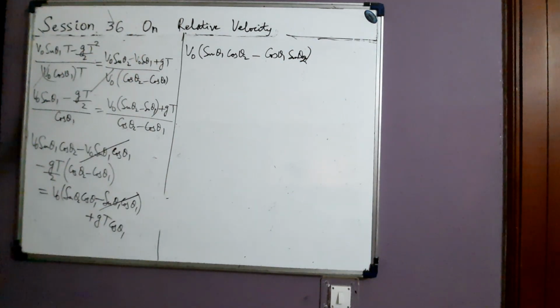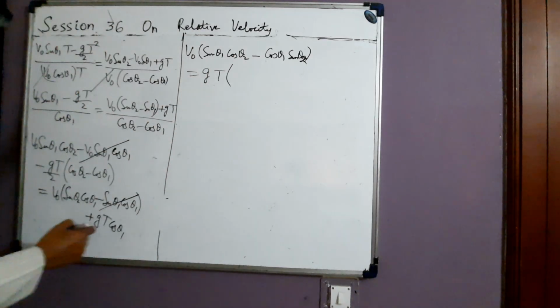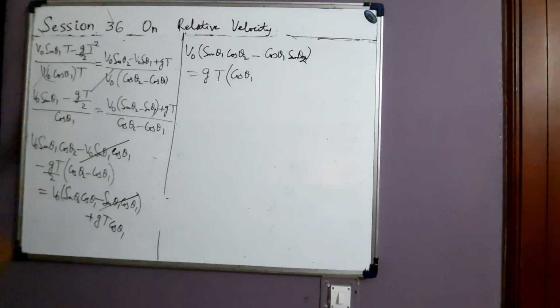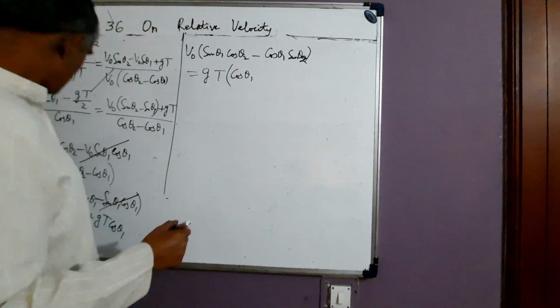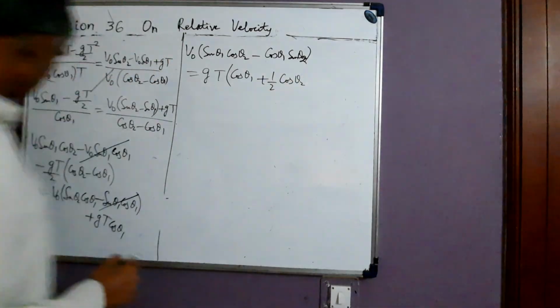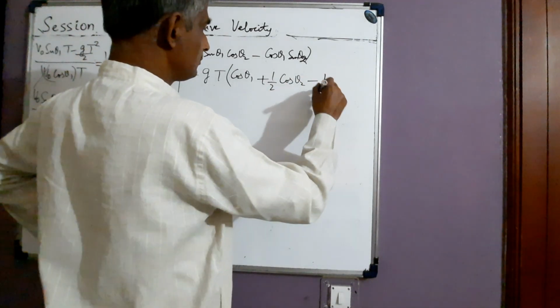And gt will come to this side: gt cos theta 1 plus cos theta 2 by 2 minus half cos theta 1.